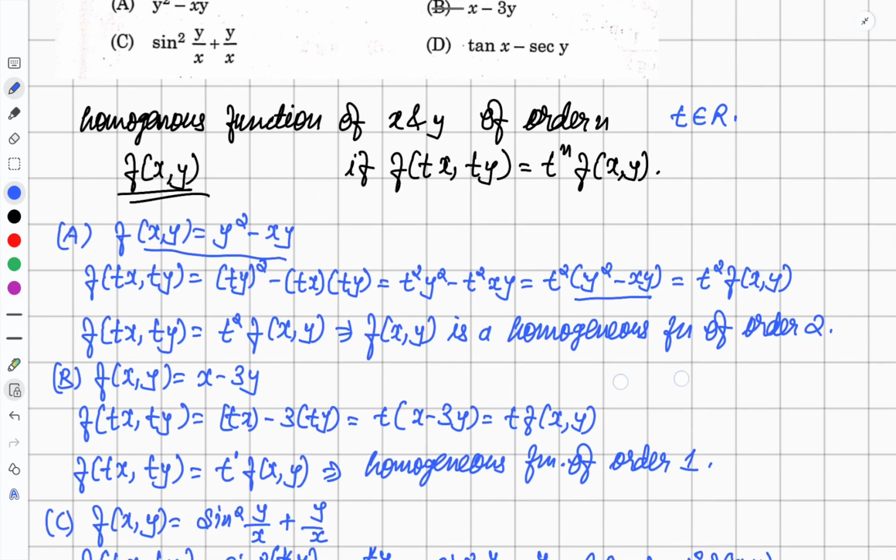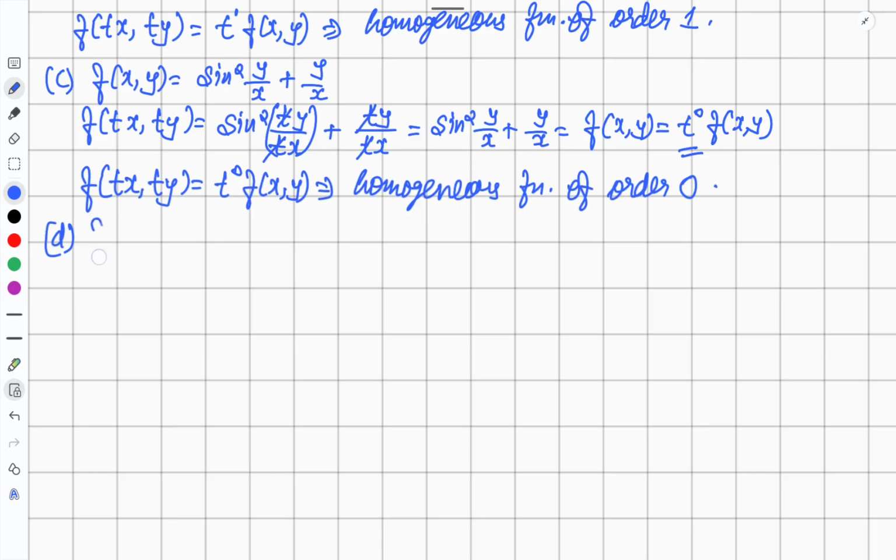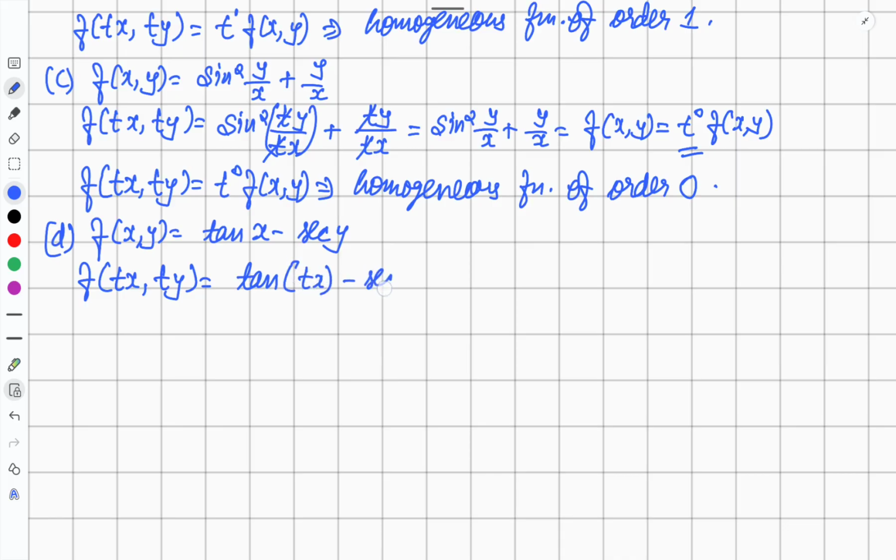Option D is tan x minus secant y. So f of tx comma ty is equal to tangent of tx minus secant of ty.